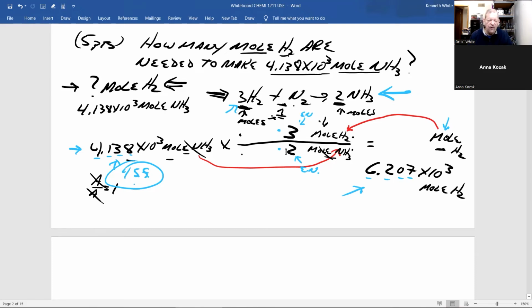And therefore, where do I get a relationship between moles of ammonia and moles of hydrogen? Well, right from the balanced chemical equation. 3 moles of hydrogen, H2, makes 2 moles of ammonia, NH3. And I do the math and I got the number. And that's how you do that.